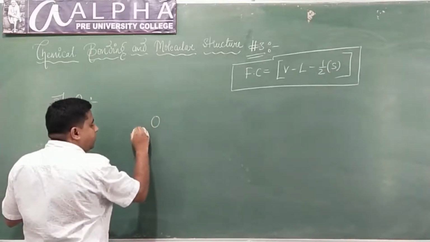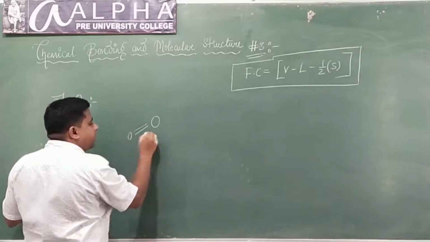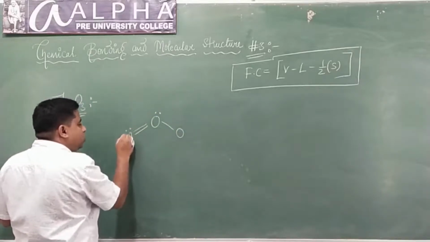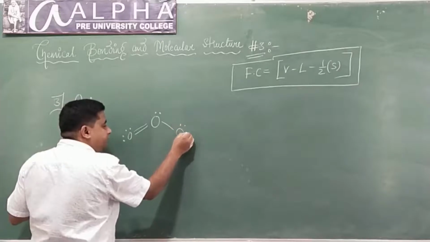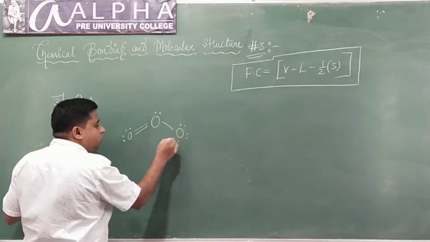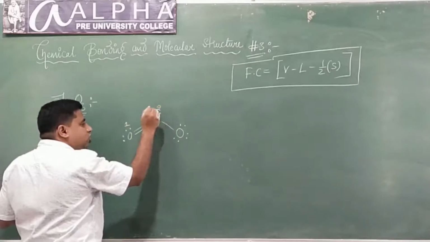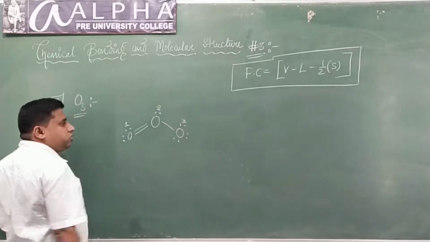O, double bond O, single bond O, with 1 lone pair, 2 lone pairs and 3 lone pairs. They will mark it as first oxygen, second oxygen and third oxygen.